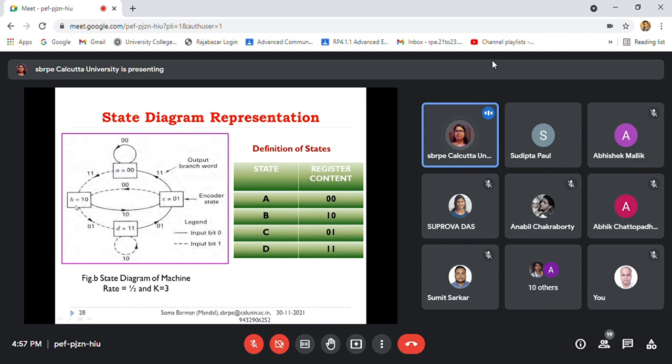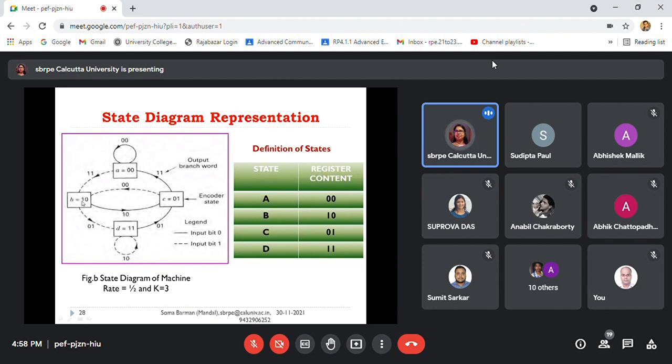Suppose your machine is in state B, that is the 1 0 state, and a 0 is the present bit coming in. This 0 will be placed here in place of 1, and the 1 is shifted to the right position.